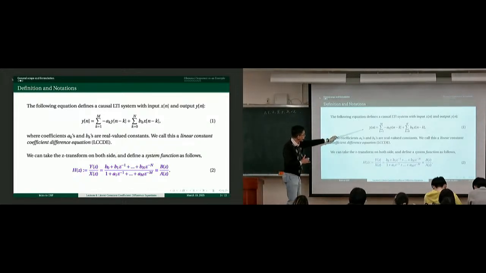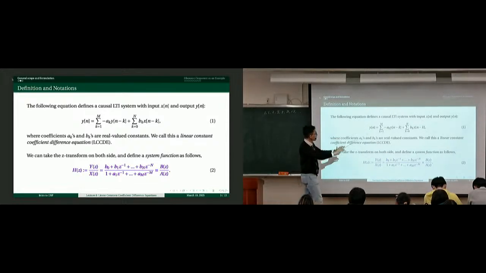Let's try to see that if this is in the time domain, then in the Z domain, if you take the Z transform, again, similar idea. Take the Z transform on both sides of equation 1. Then small y immediately becomes big Y on the left-hand side.